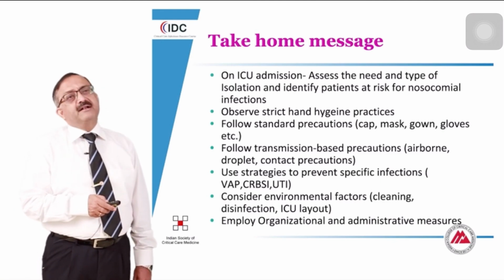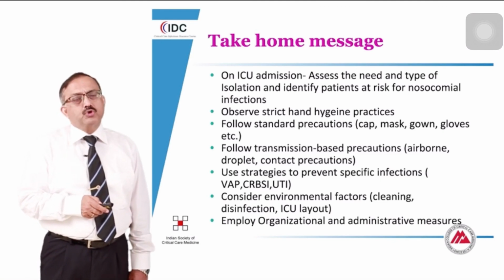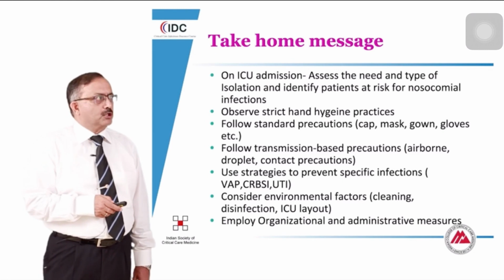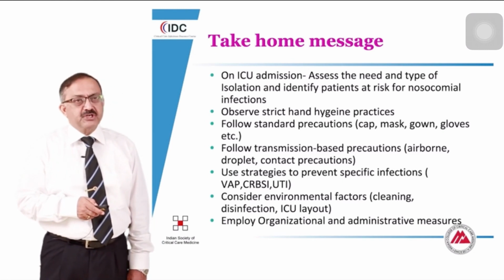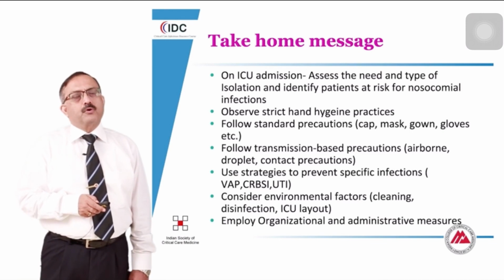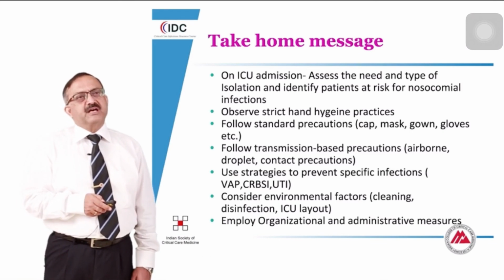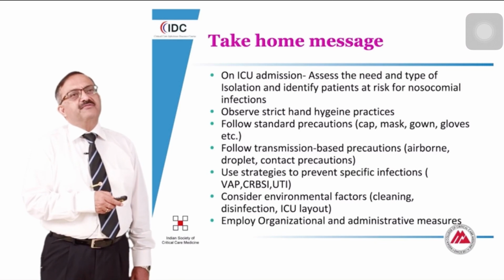Consider environmental factors that play a very important role in prevention of infection. Employ organizational and administrative measures to see that all the protocols and infection control measures are in place and there is no deficiency in any way.